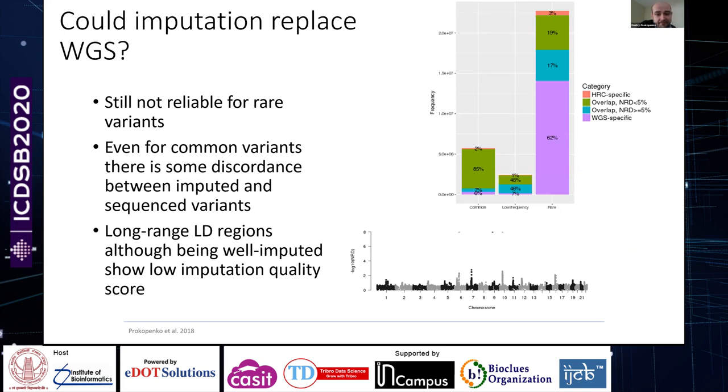As you can see from this box plot, still a large chunk of rare variants are specific to whole genome sequencing.